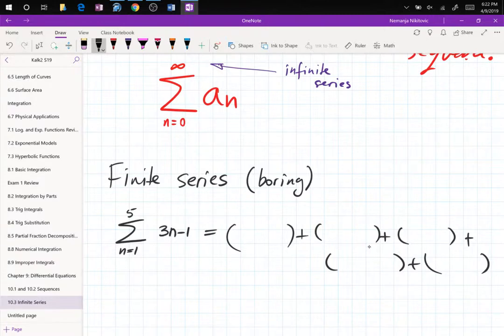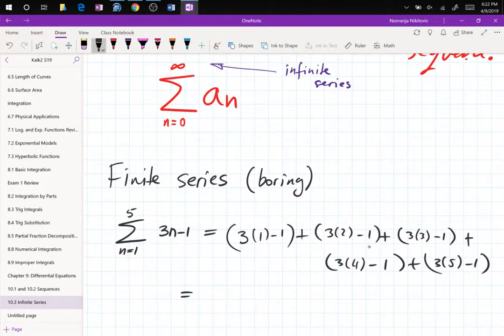The first one is 3 times 1 minus 1, and then 3 times 2 minus 1, and then 3 times 3 minus 1, 3 times 4 minus 1, and 3 times 5 minus 1, for a total of 2 plus 5 plus 8 plus 11 plus 14, and that's 10, 20, 30, 40.